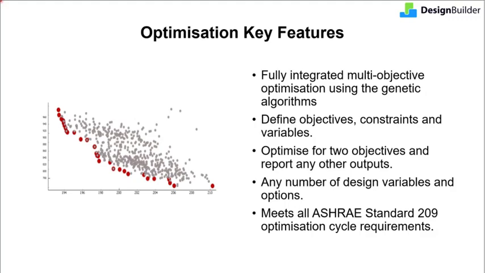You can optimize for any number of design variables and options for up to 2 objectives while reporting any number of other additional outputs. DesignBuilder optimization is fully integrated with the main software and meets all the standard 209 optimization cycle requirements.